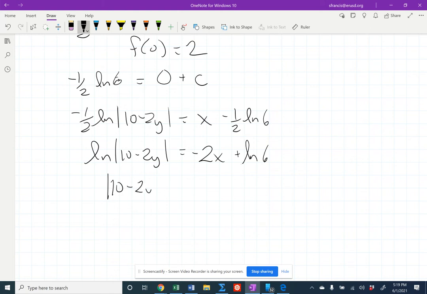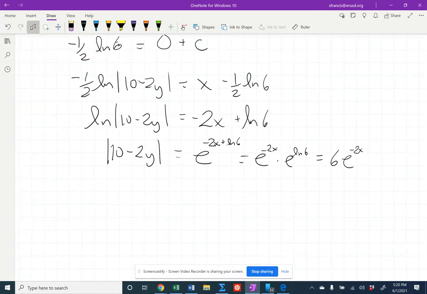Exponentiate, so we get absolute value of 10 minus 2y is equal to e to the negative 2x plus natural log of 6. You can leave it like this, but it might be confusing later on. Remember, we could separate this by our exponent properties. Here the e and the natural log cancel, and I get 6 times e to the negative 2x. That's a little easier to handle, in my opinion, than leaving it the other way.